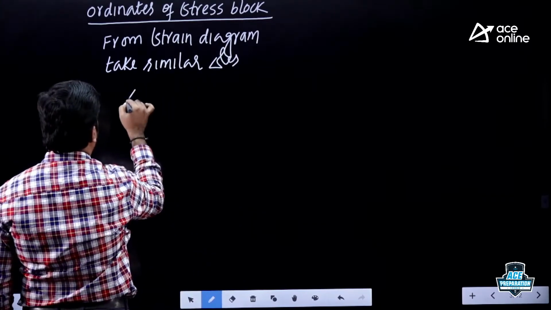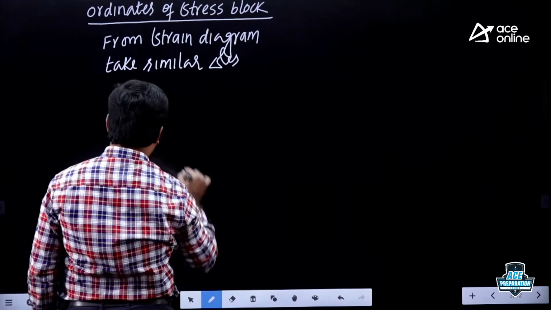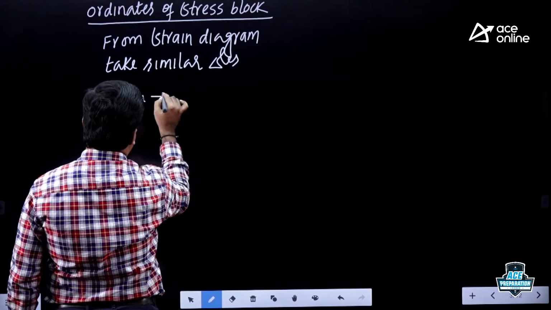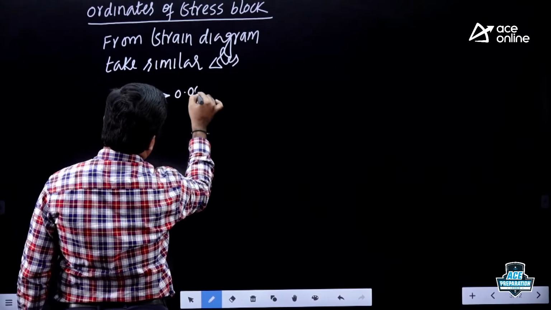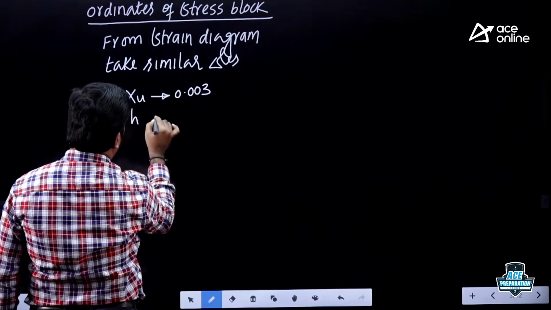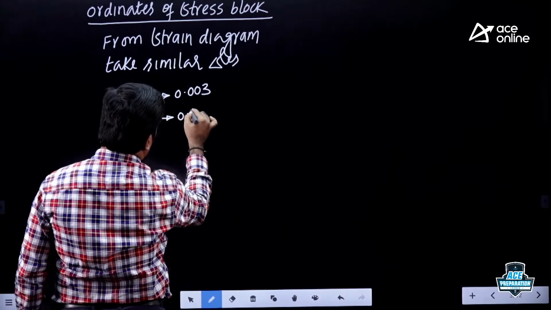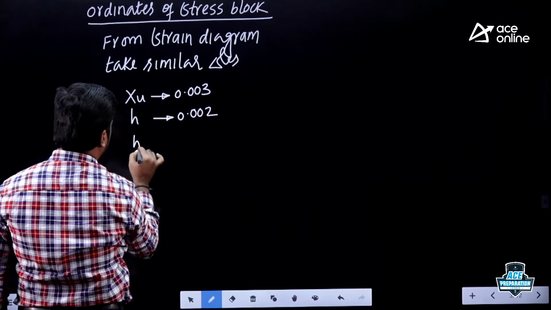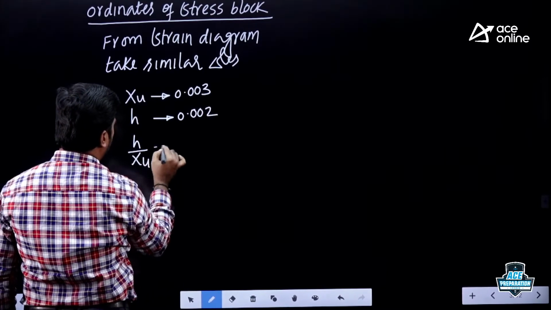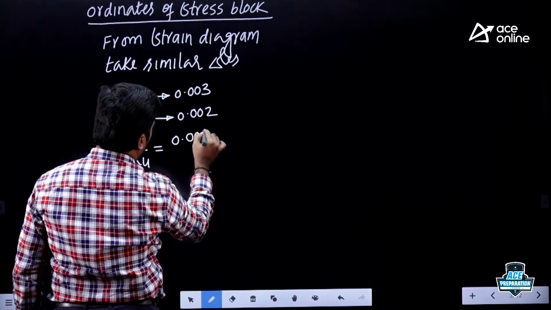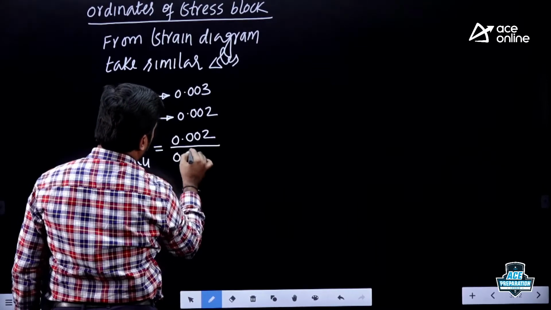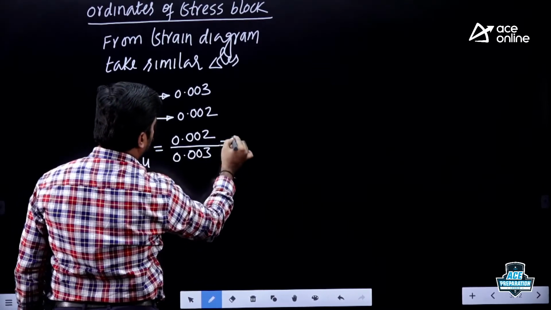For a depth XU, strain is 0.003. For a depth H, strain is 0.002. I can write H upon XU equal to 0.002 upon 0.003, that is 2 by 3.